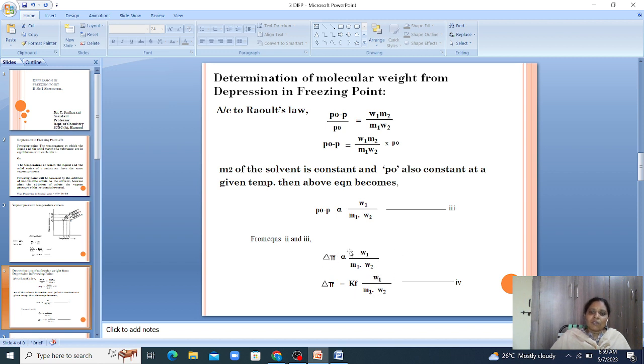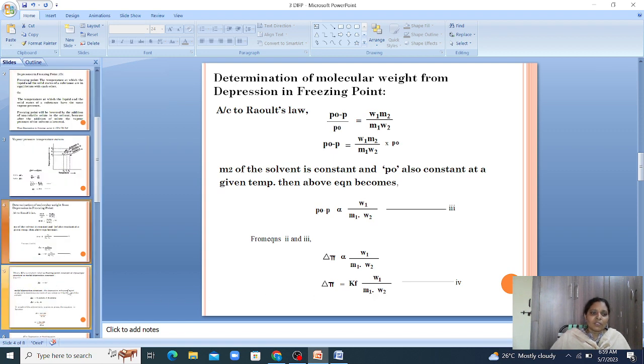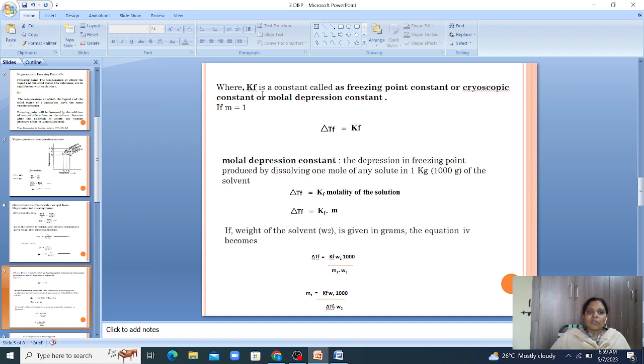Or if we remove the proportionality by using a constant, then delta TF equals Kf into weight by molecular weight of solute into 1 by weight of solvent. Where Kf is a constant, that is the freezing point constant or cryoscopic constant or molar depression constant.